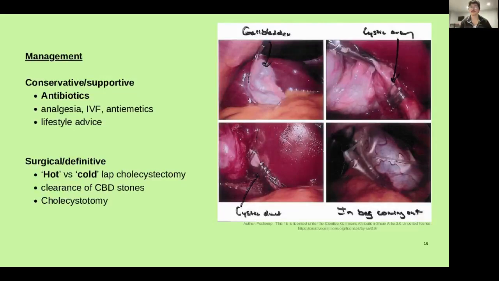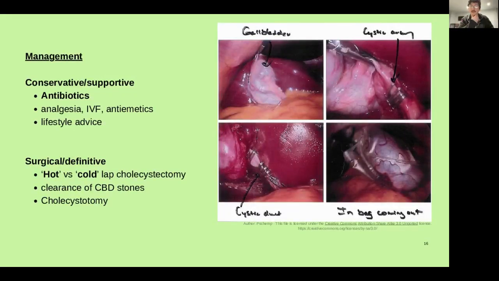And then moving on to the definitive treatment, again, it's surgery. There's a couple of ways you can do this. There's a hot versus a cold lap chole. Hot's when you do it pretty quickly, immediately. NICE recommend doing it within a week of symptom onset or presentation if you're going to do it in the acute phase.